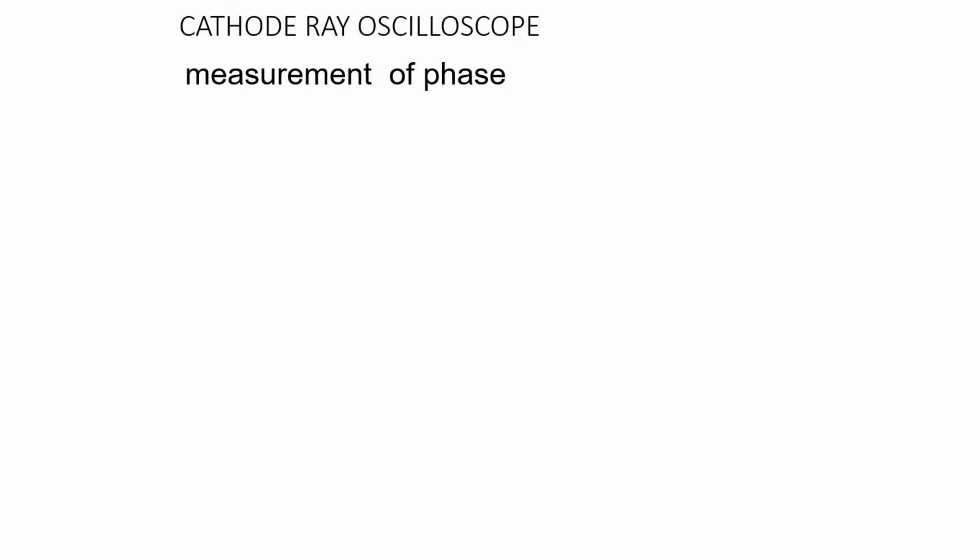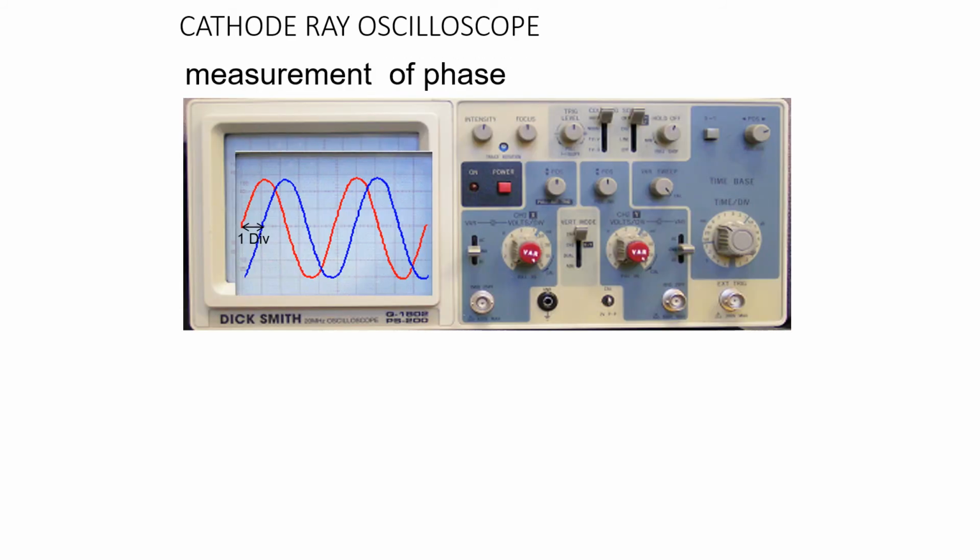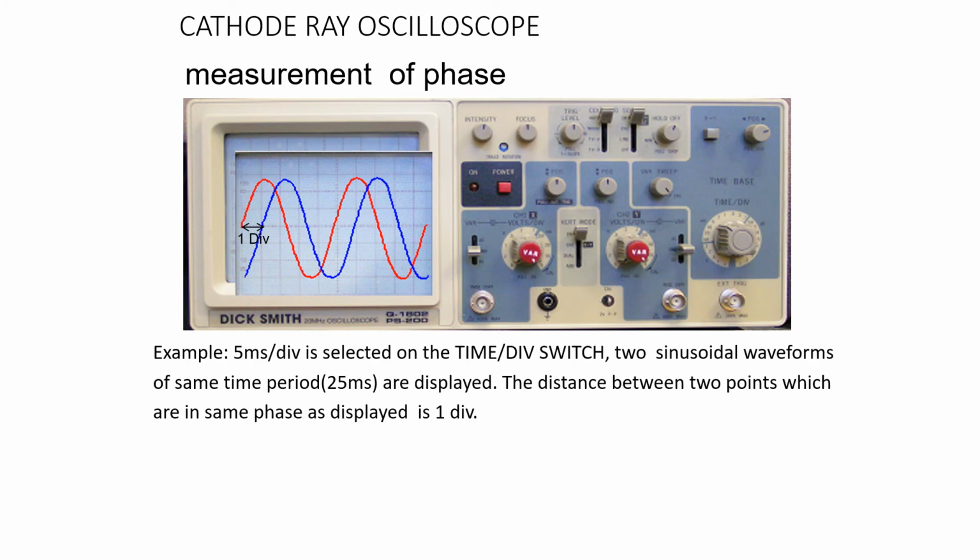Here you can see the waveform. One waveform is colored red, one waveform is blue in color. The difference between the two waveforms' starting point is one division.